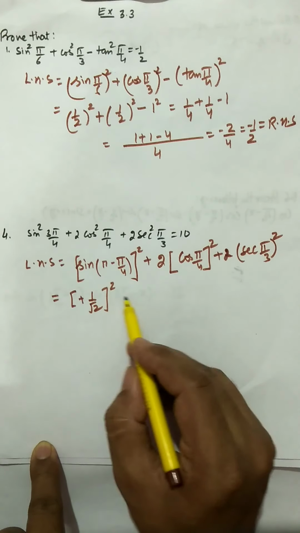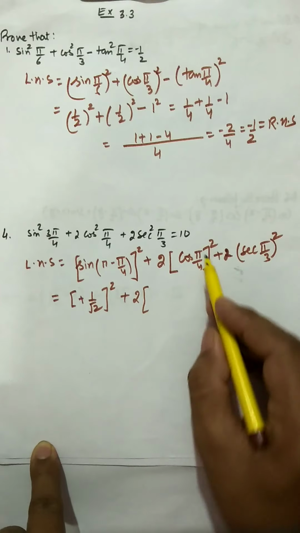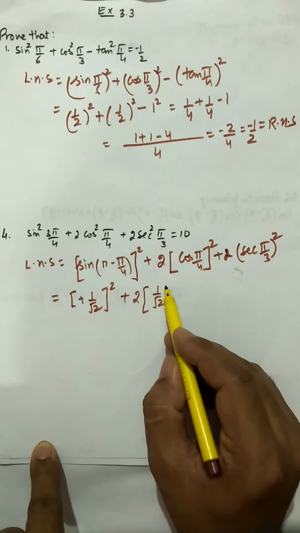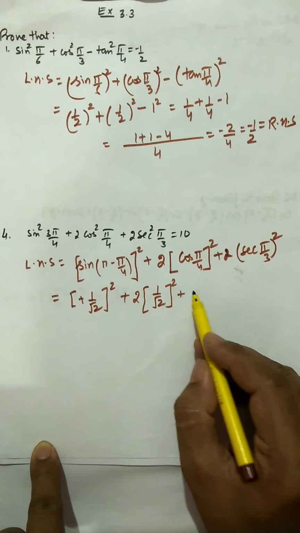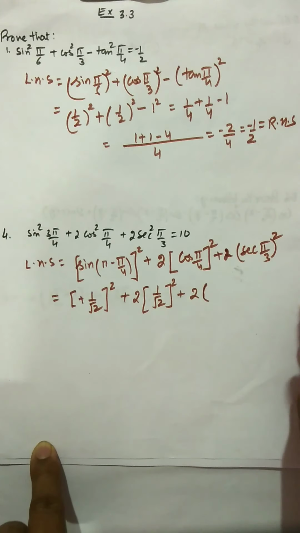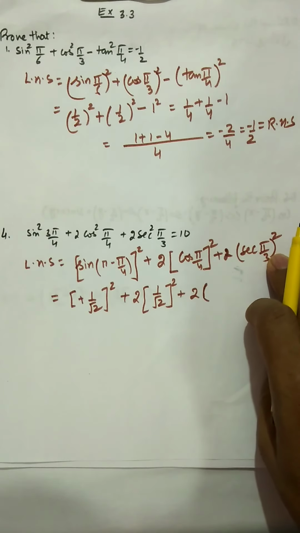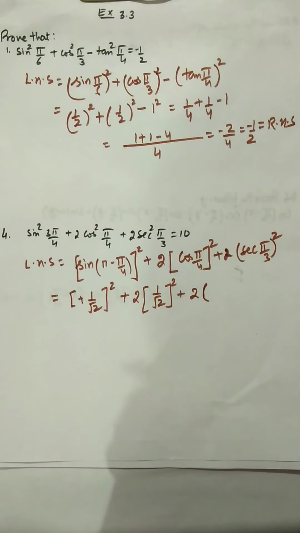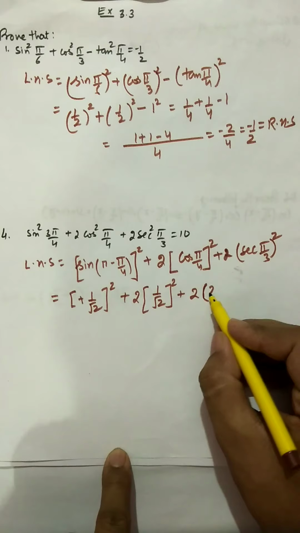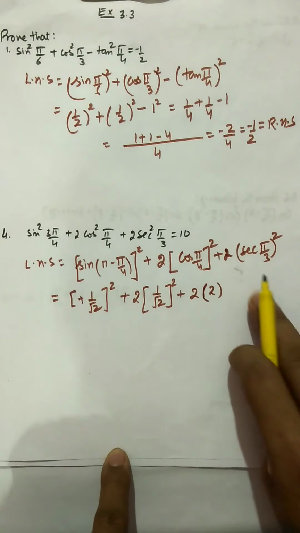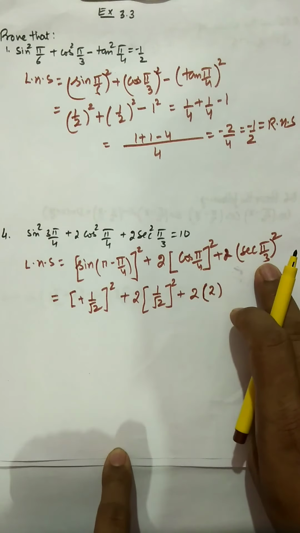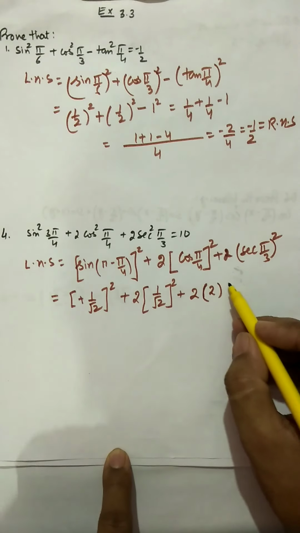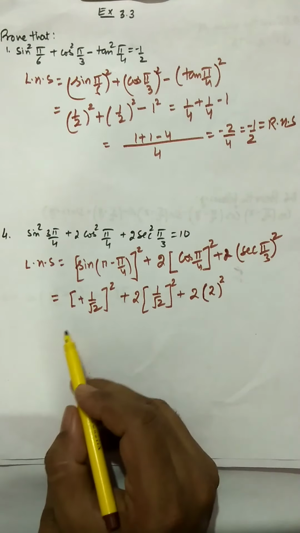So now this is the square, plus 2 cos pi by 4. Pi by 4 means 45, and cos 45 is again 1 by root 2. This is square, plus 2 sec pi by 3. Pi by 3 means 60, and sec is the reciprocal of cos. You find the value of cos 60. Cos 60 is 1 by 2, so sec 60 will be 2, and this is whole square. Now we'll solve it.